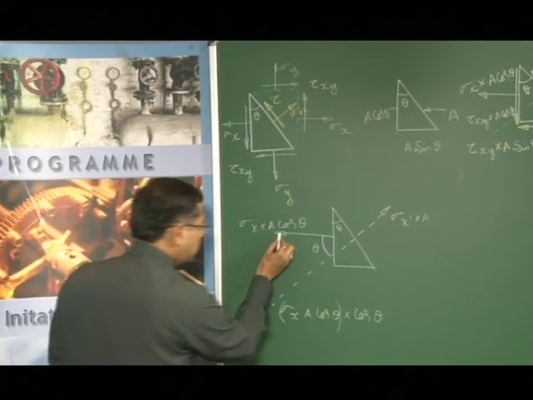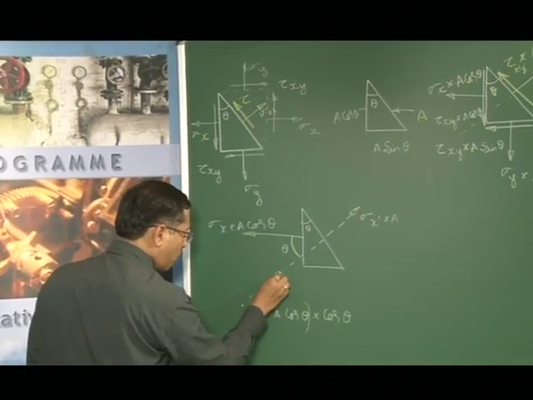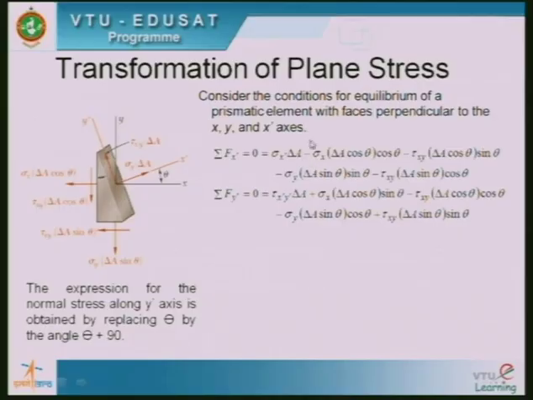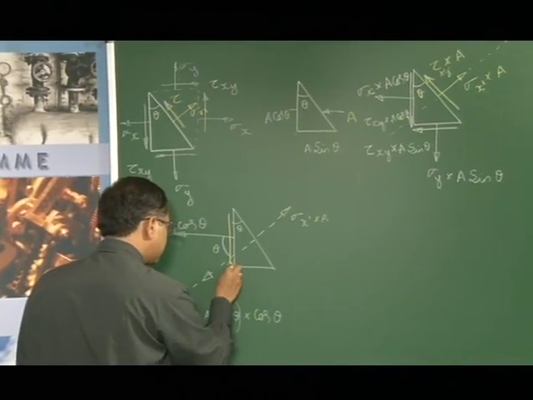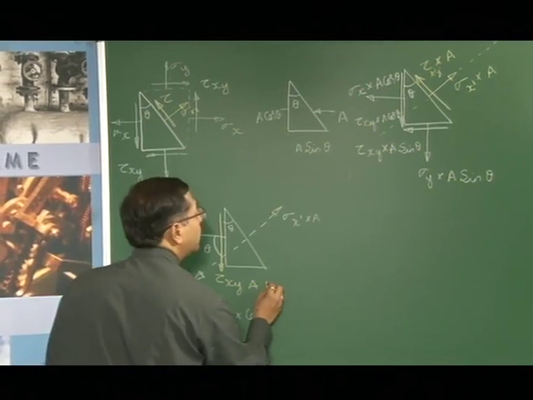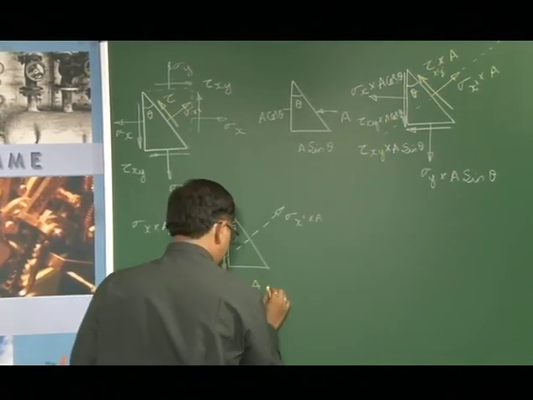Now the sense of this force would be opposite to that of this. So that's why a negative sign has come here in this equation. I hope you have understood this. Next, let's take the shearing stress that is acting along this, which is tau xy A, again with cos theta as I have indicated here.